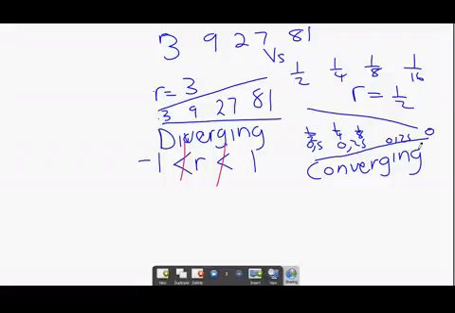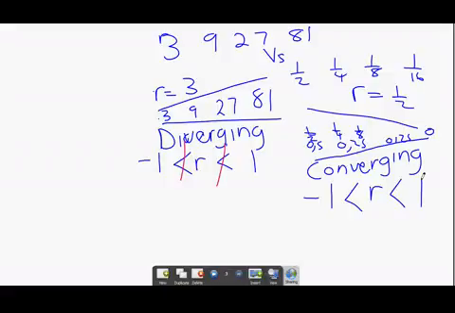So if you keep going, you end up just getting 0, 0, 0, 0, 0. The reason why this is happening is because our R is a fraction, and for us to write that R is a fraction, we say that our R is in between -1 and 1, which means that the sequence is converging.